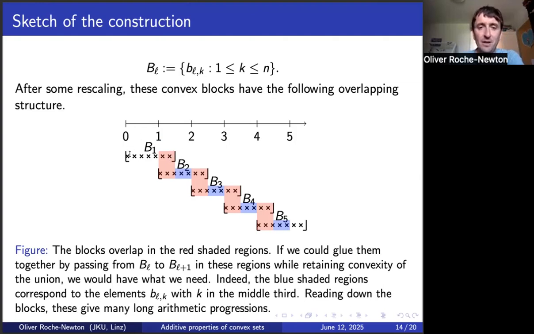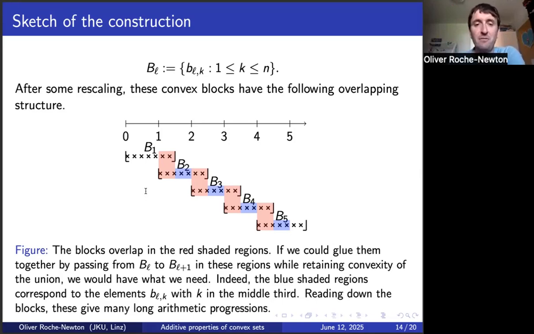B_i, as an arithmetic progression, almost, not quite, of diameter about 3/2. And we have n elements in there. And the next block starts 1 to the right and has the same diameter.